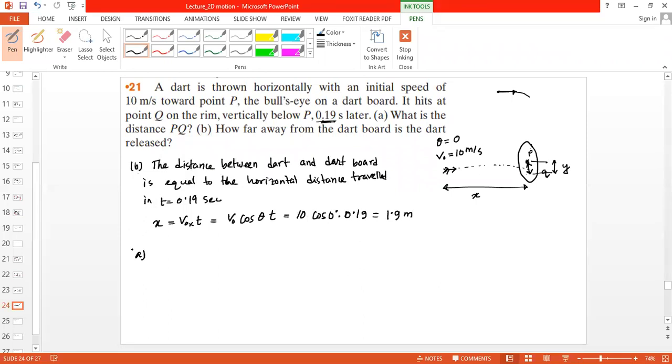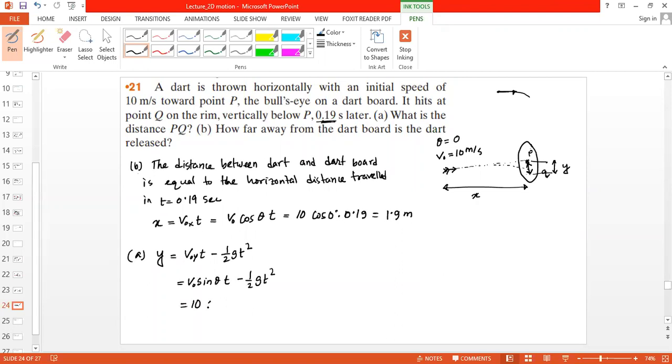And for A, they are asking us to find the distance between P and Q. It was initially at this position, and it dropped this much. That is the vertical distance, so the distance between P and Q is a vertical distance. This is y equal to v naught y t minus 1/2 g t square, so v naught sin theta t minus 1/2 g t square.